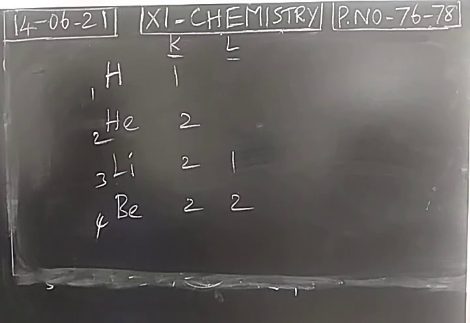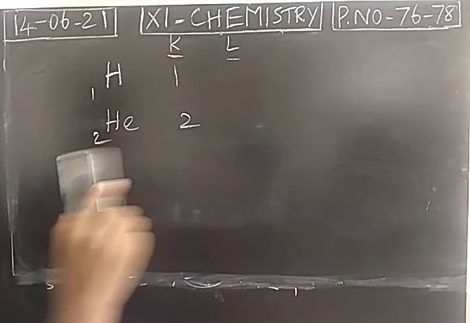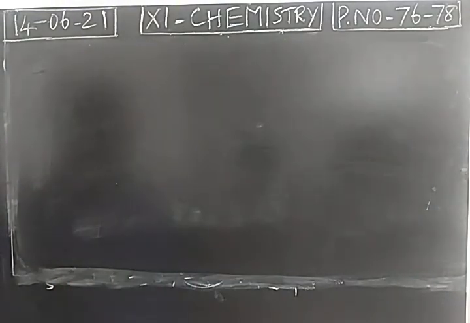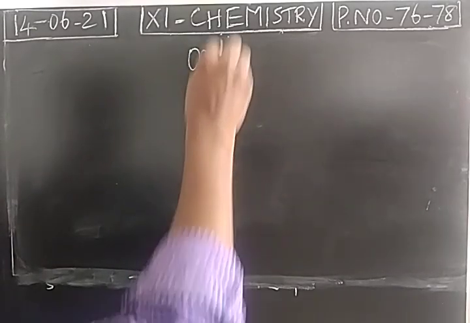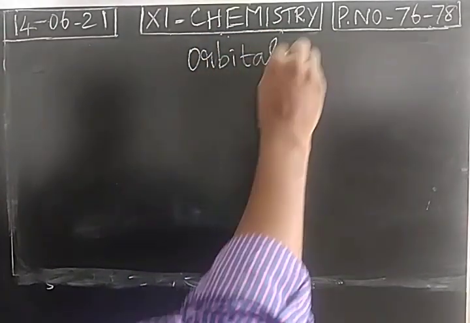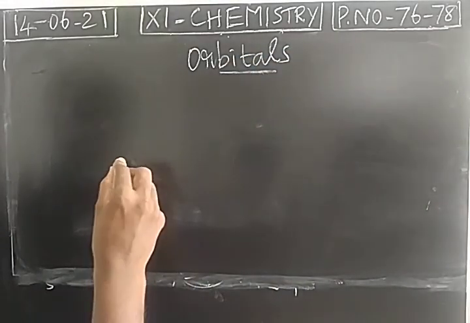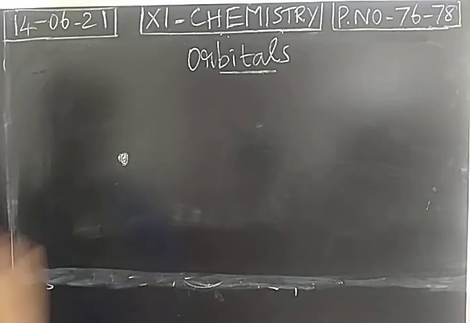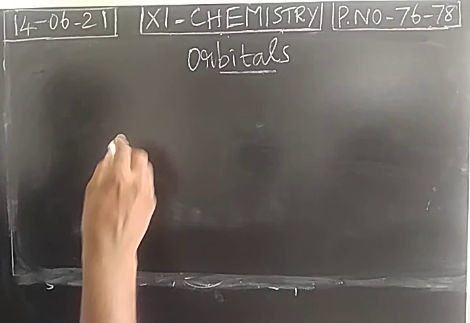Along with the shells, we have the orbitals. So we are going to write the electronic configuration in a new pattern. For that, we have to know what orbitals are. The nucleus is at the center, with positively charged protons and chargeless neutrons inside it.